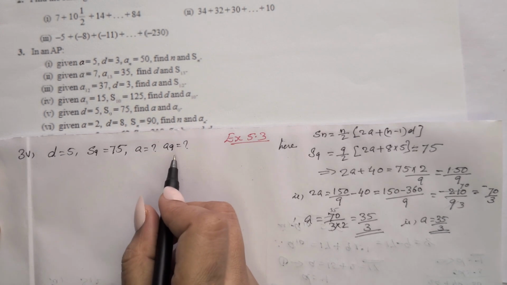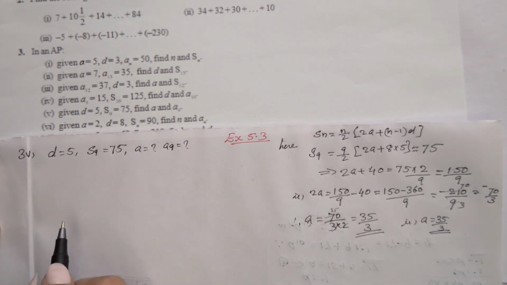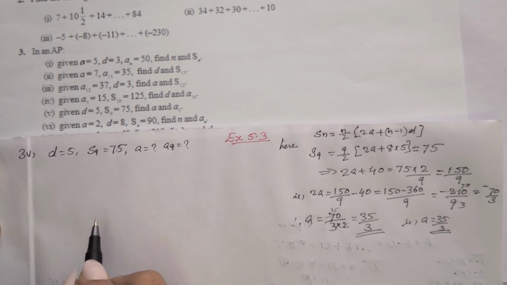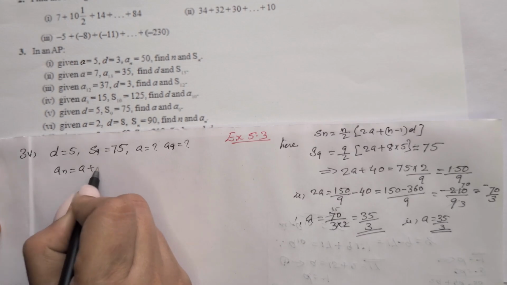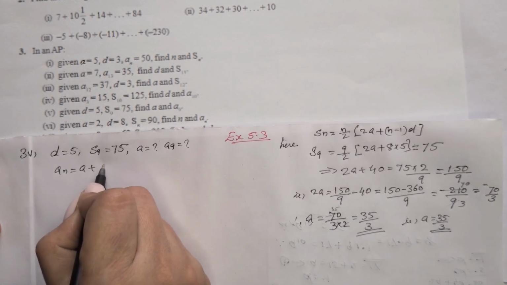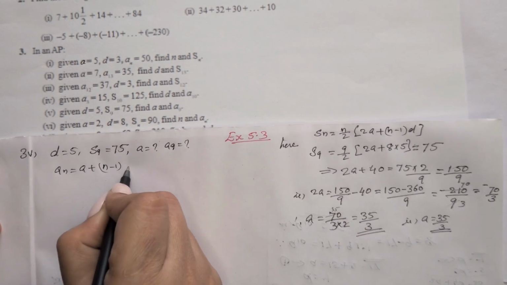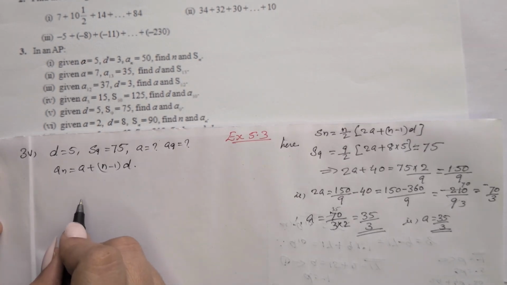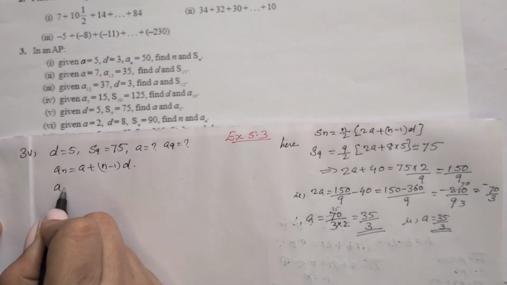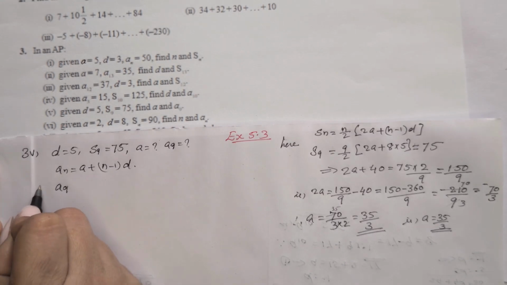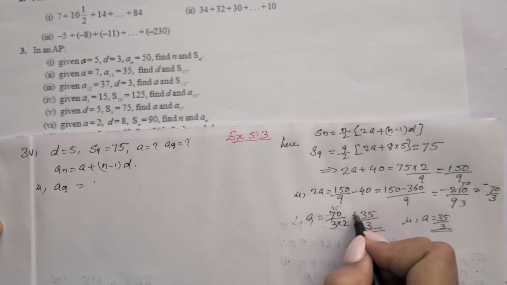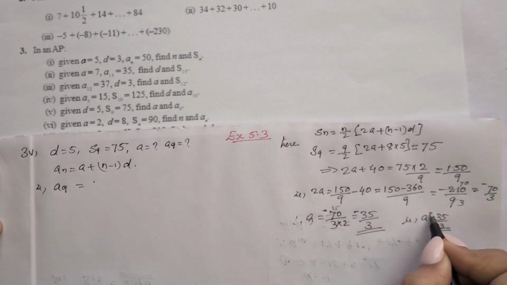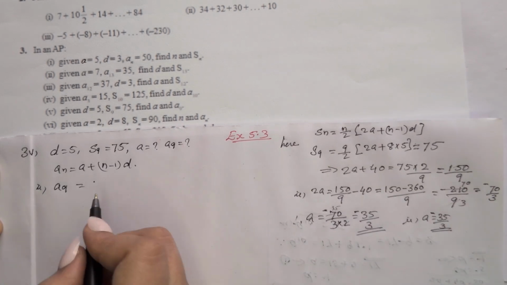Now we have to find A9. To find A9, we have to put the given values, all the values in that formula. An is equal to A plus n minus 1 into d. Here A9 is equal to, a is here, minus sign is there. A is equal to minus 35 by 3.